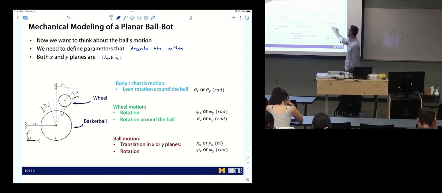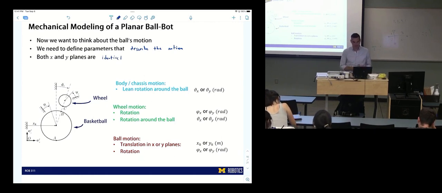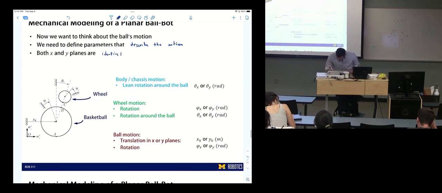This should be psi, so I'll change that. Ball motion: same thing, we have to understand the rotation of the ball and its translation in the planes. So x of k is its linear translation, and rotation of the ball is phi, I'm going to say.